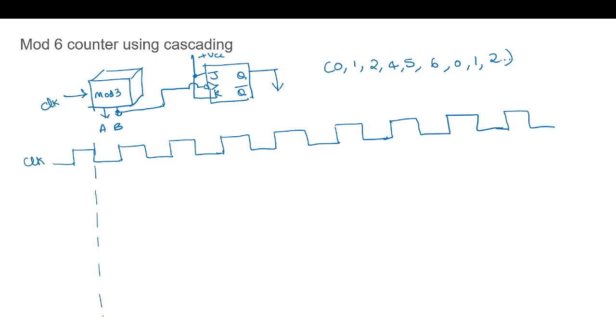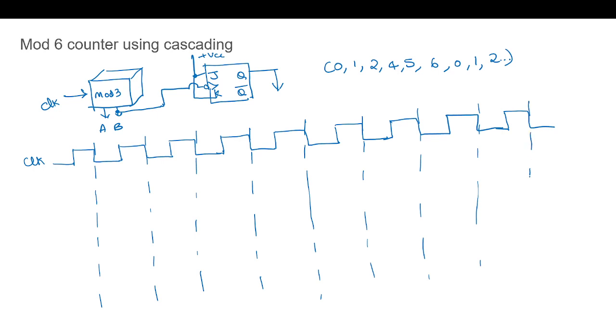At the negative edge. Mod 3 counter, it was 0, 1, 0, 0 1 0 0, right?